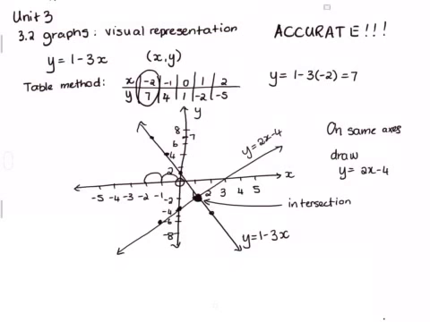And again, if you drew your graph accurately, then you can read it off. The x value is 1 and the y value is -2. So that is the intersection of the two lines.